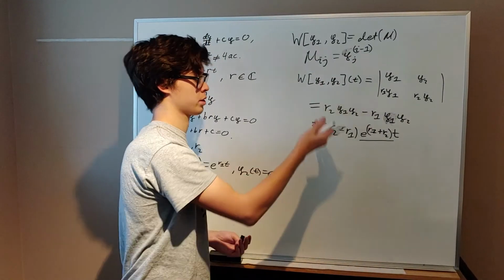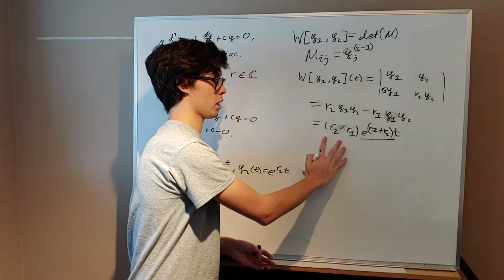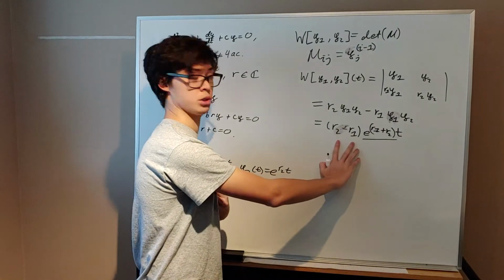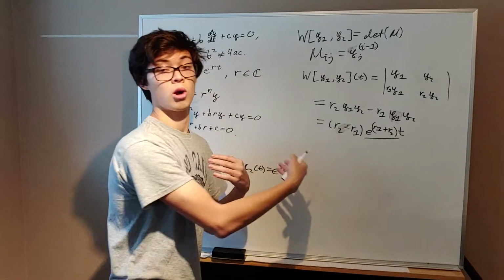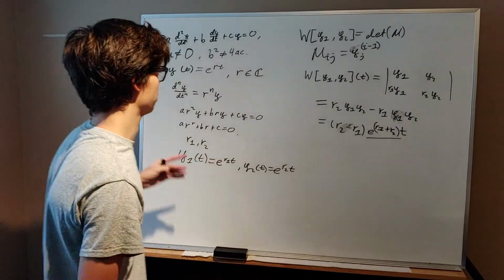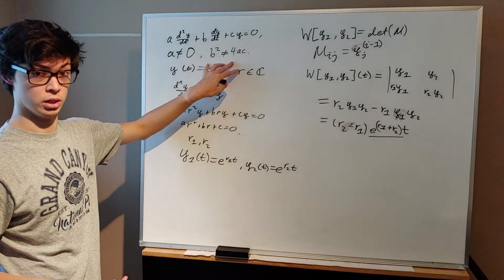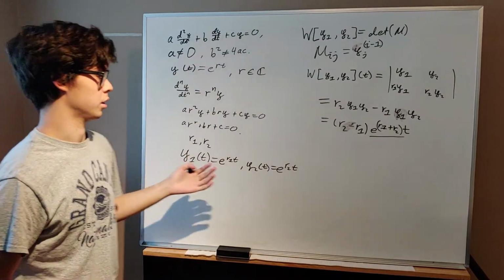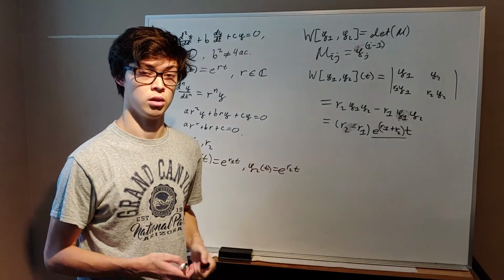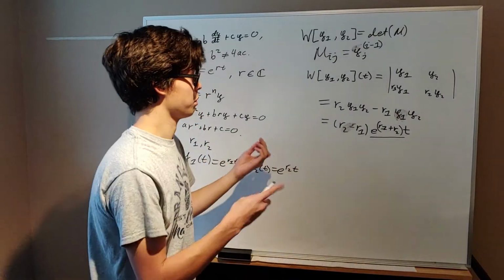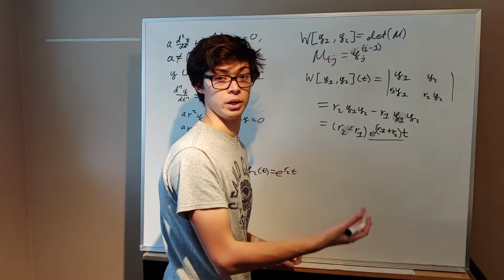So this Wronskian is 0 if and only if r2 minus r1 is 0, but then r2 would equal r1, and we showed here, assuming that the discriminant was non-zero, we know by assumption that r2 and r1 are distinct. So that means that y2 and y1 are linearly independent.